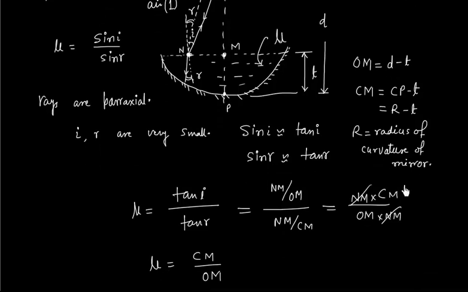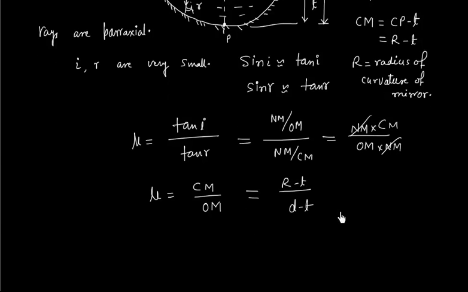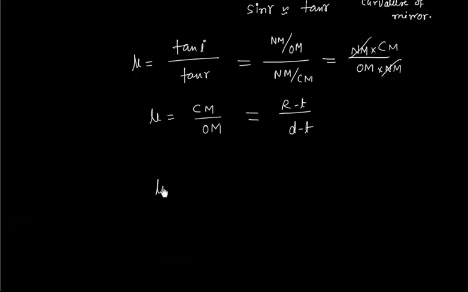So CM is R minus T and OM is D minus T. So we can write refractive index of liquid is (R minus T) divided by (D minus T).